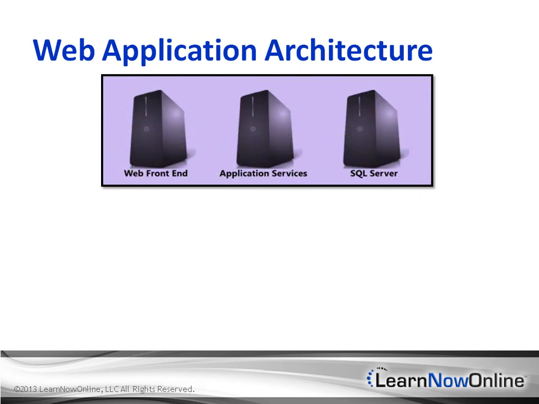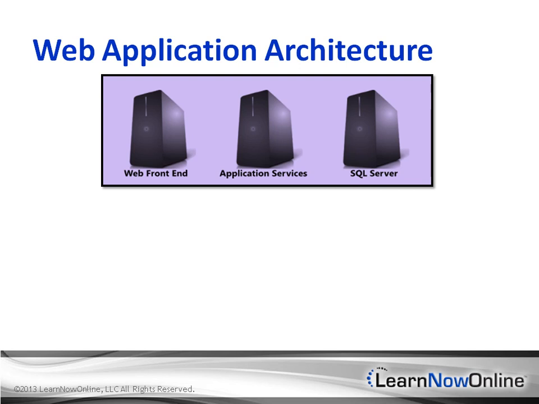In most environments, you're going to have one or more web front-end servers, and you may also have one or more application servers. The application servers might be running things like search, doing the indexing and the crawling of your content. And then obviously your database, your SQL Server, is typically a clustered SQL Server that has failover capabilities.